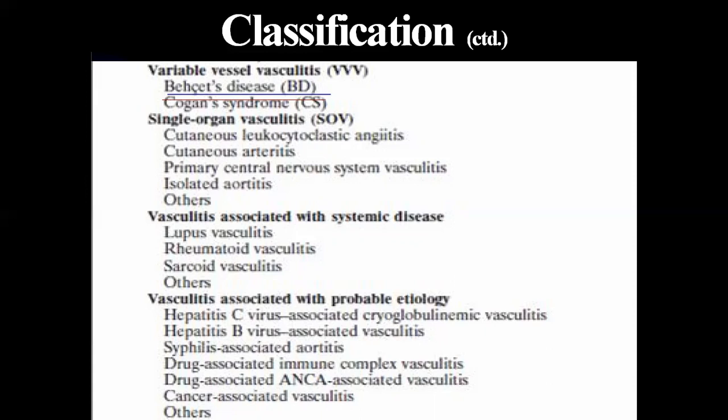Vasculitis associated with probable etiology, like infection with hepatitis C, B, syphilis, and also drug-associated, immune complex associated, anti-neutrophil cytoplasmic antigen associated, and cancer-associated vasculitis. This malignancy-associated vasculitis may also be seen. So these stand out to be secondary to a primary cause.